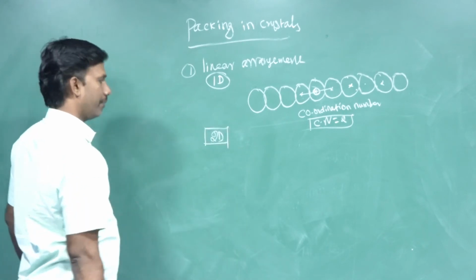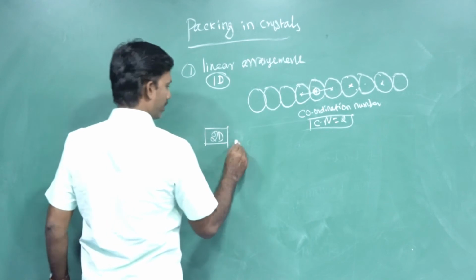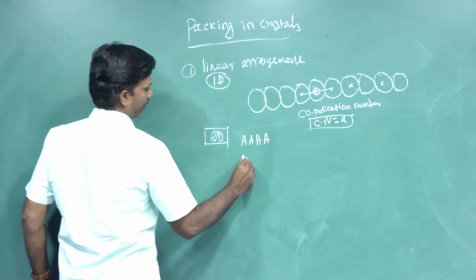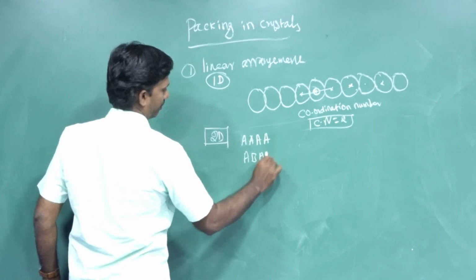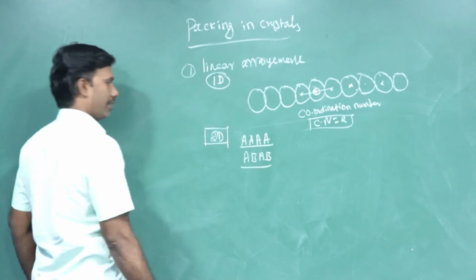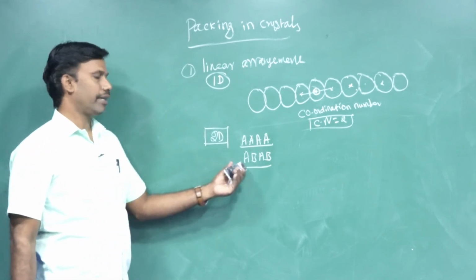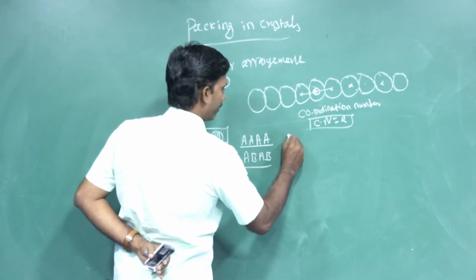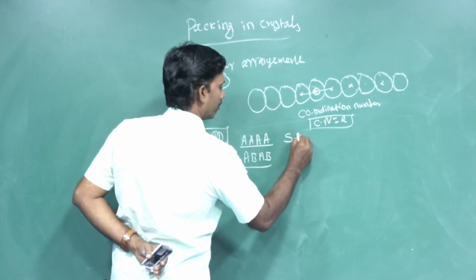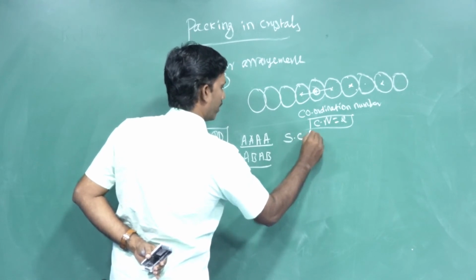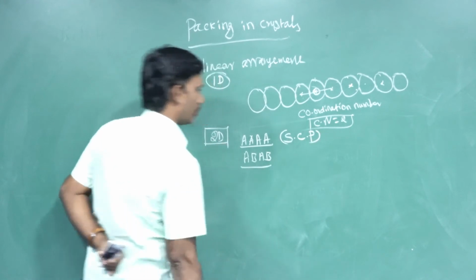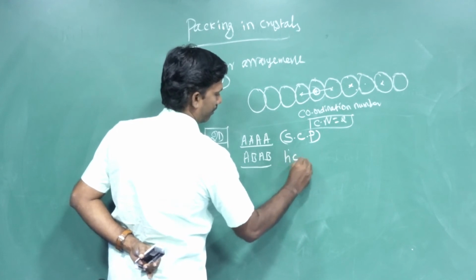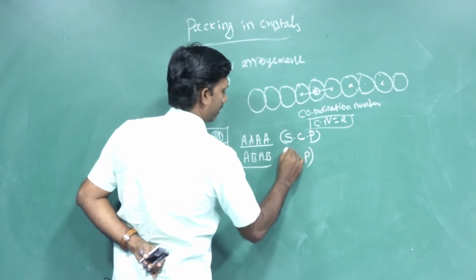In a 3-dimensional arrangement, you will have 2 types of arrangement. One is the AA type arrangement. Another one is the AB type arrangement. AA arrangement is also called square close packing, SCP, whereas AB is called HCP, hexagonal close packing.